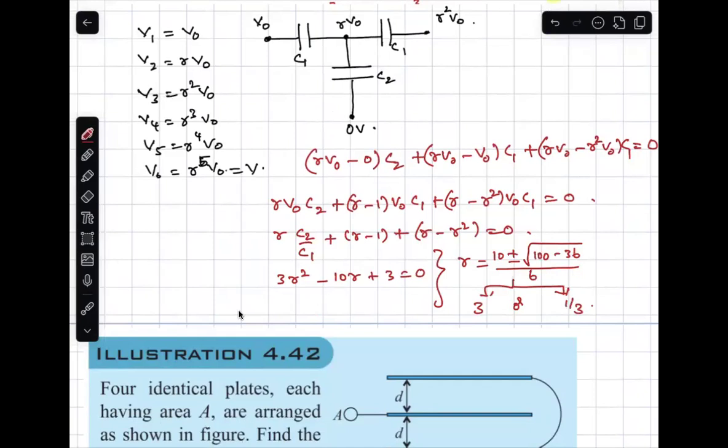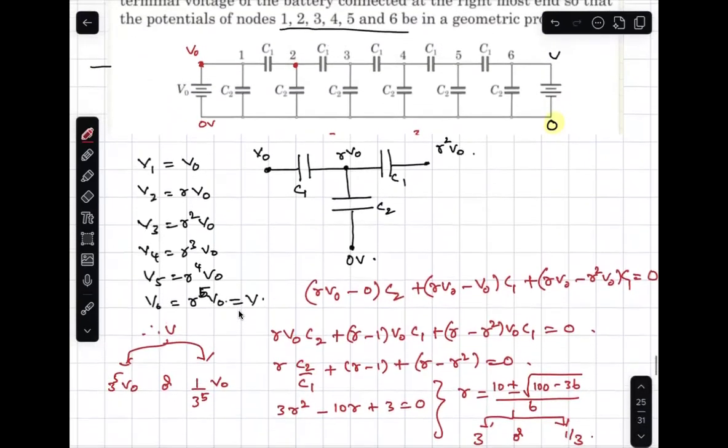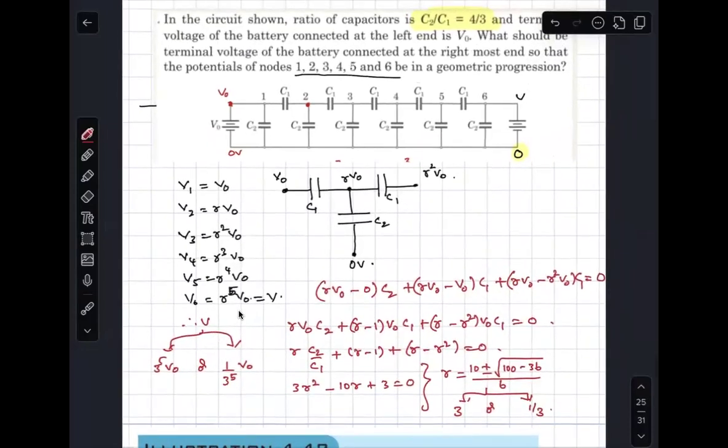Anything is possible. So therefore, we can take two values: one is 3 power 5 V naught or 1 by 3 power 5 V naught. Anything is possible. Okay? Do you get this point? Anywhere you still have doubt, please ask me.